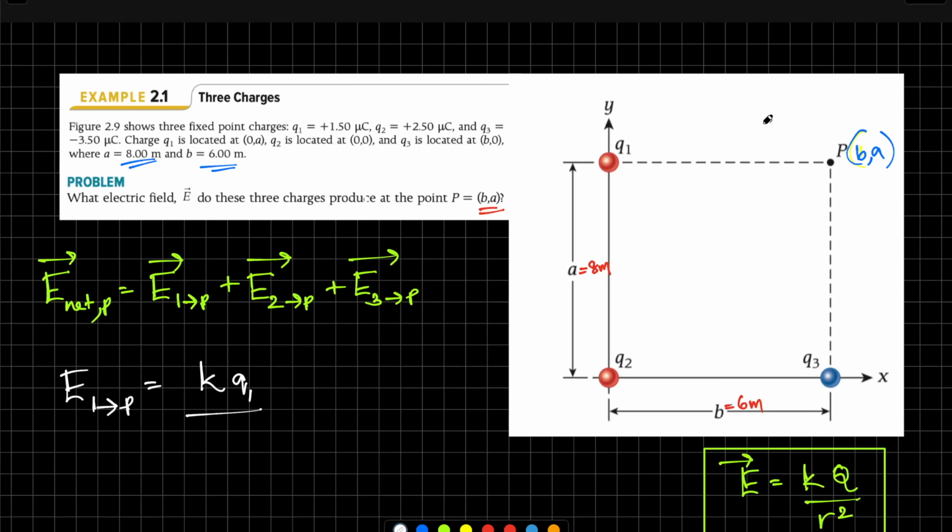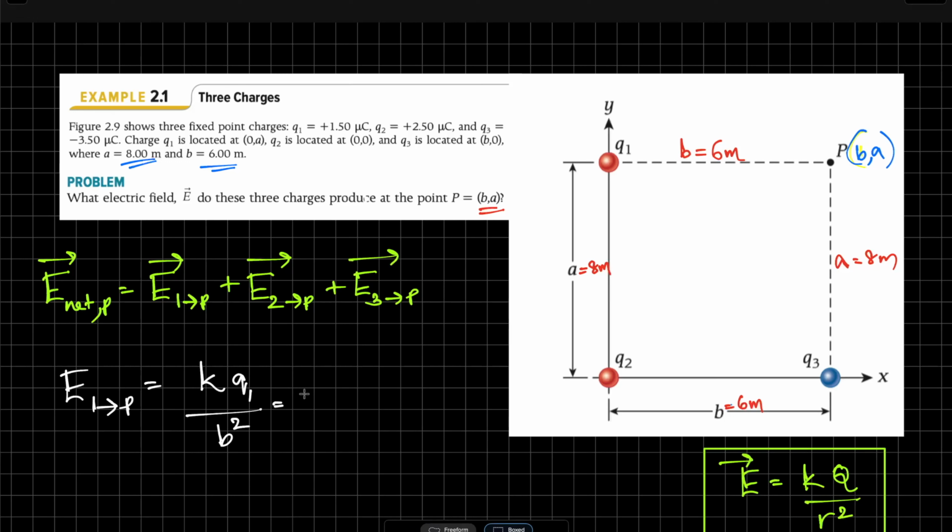This side is the same as A, A equals 8 meters. So B square. The distance between Q1 and point P is B, which is 6 meters.